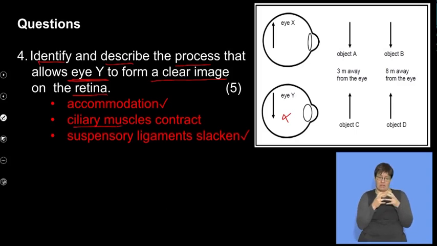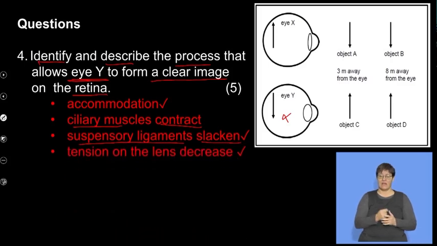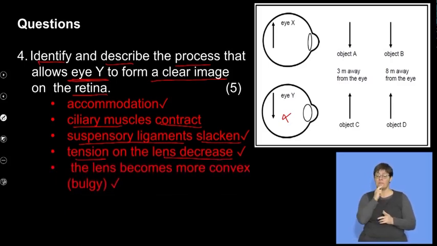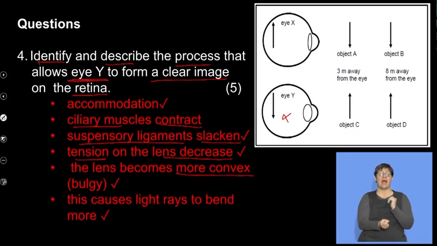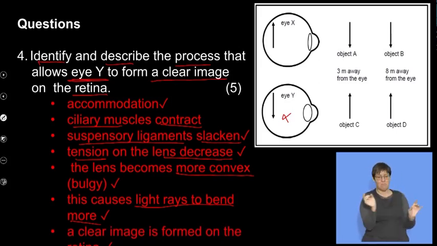The ciliary muscle contracts and the suspensory ligament slackens, and the tension on the lens is decreased. Then the lens becomes more convex. That will cause light rays to bend more. So if the light rays are bending more, a clear image will be formed on the retina.